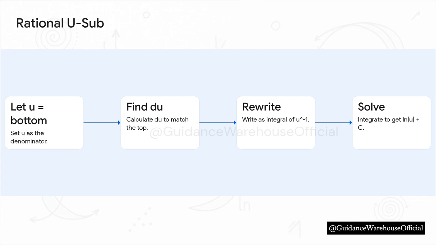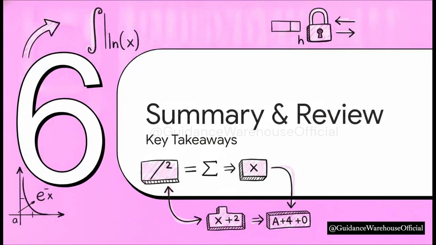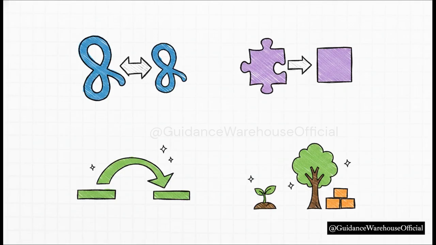How great is that? Finally, Section 6, summary and final review. Wow, we have covered a tremendous amount of ground today. Before we wrap up this explainer, let's quickly summarize the absolute key takeaways so you can lock these rules into your brain. First, the integral of e to the x is simply e to the x plus c. It is the ultimate self-replicating function.